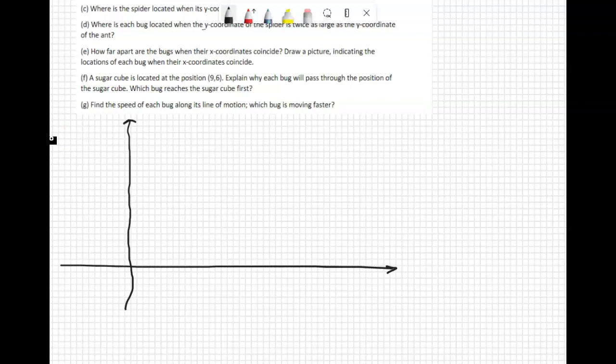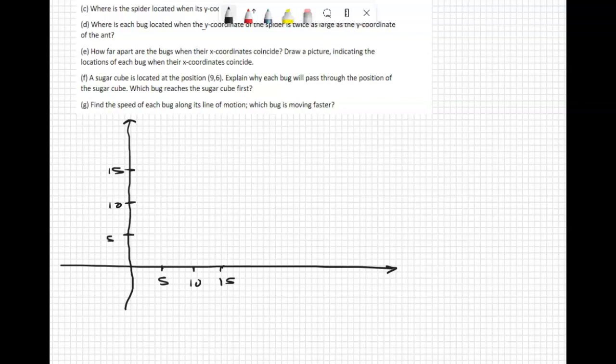So we have 1, 2, 3, 4, 5, 6, 7, 8, 9, 10, 11, 12, 13, 14, 15. And then here too, some markings. Hopefully this is enough.